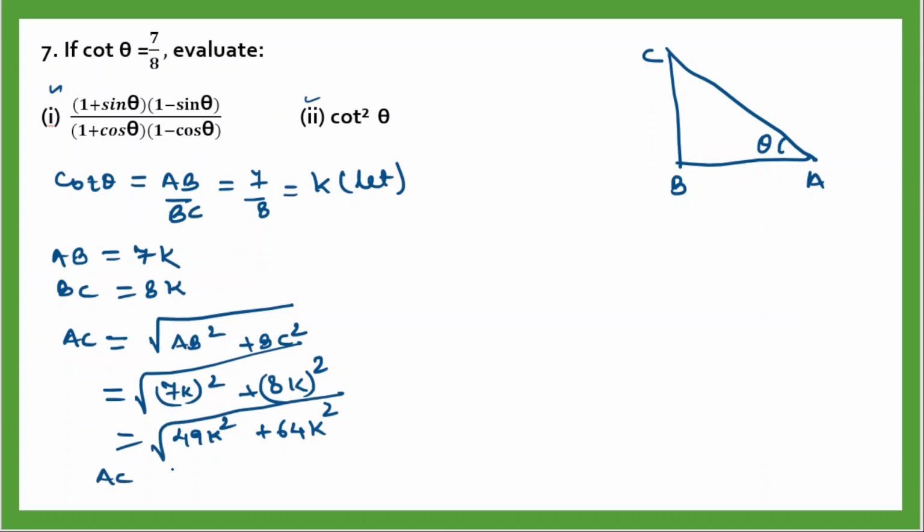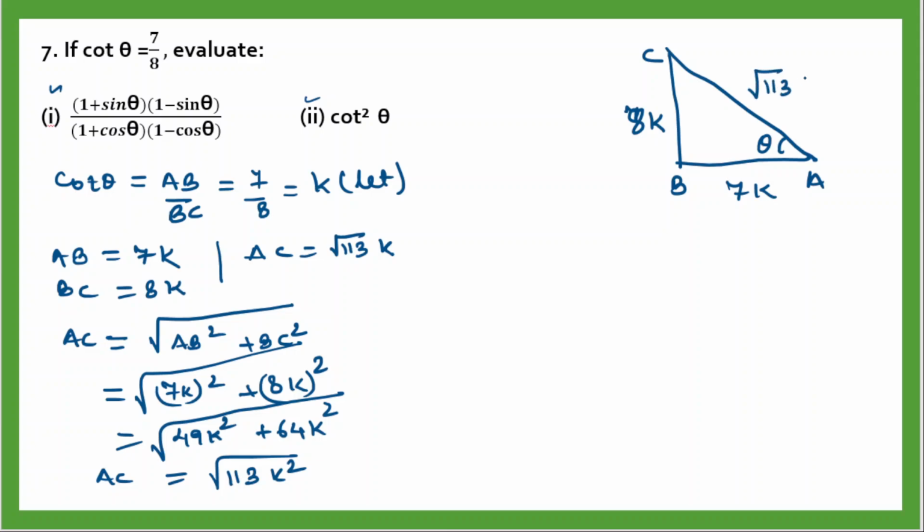So AC is equal to under root of 113K square. So what is your AC? Your AC is equal to under root of 113 K. Now we have all the three sides: 8K, 7K and under root 113K.